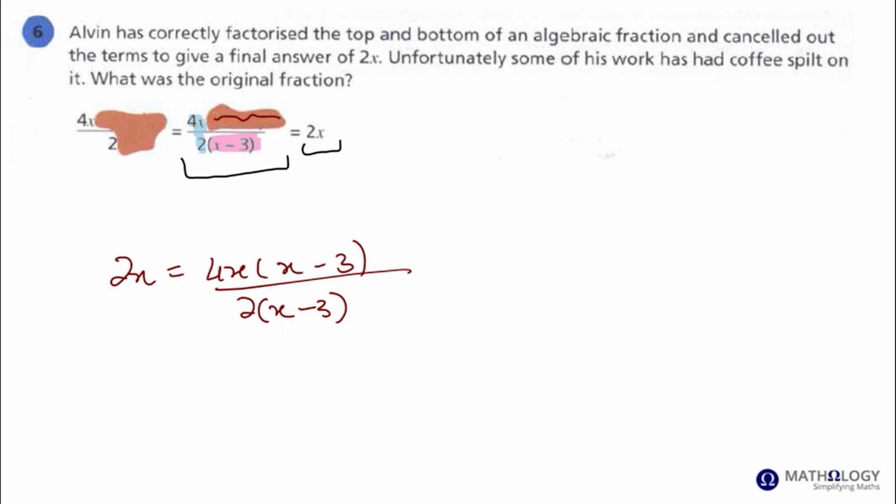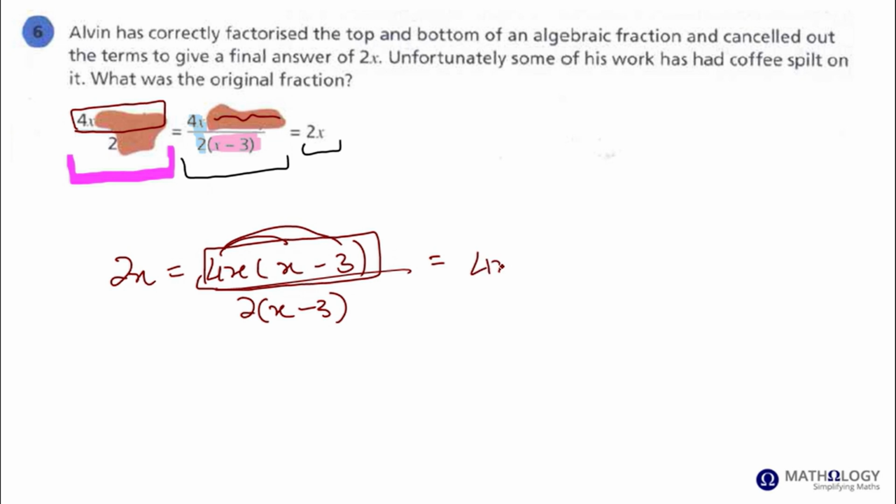Then to get to the previous step, we know that the numerator is 4x, and we have 2 times something in the denominator. So the step that precedes this is the multiplication of 4x times every term inside the bracket.